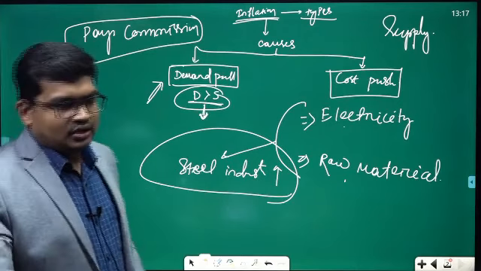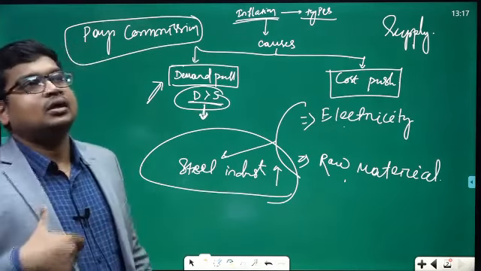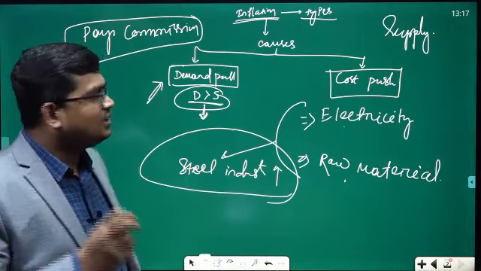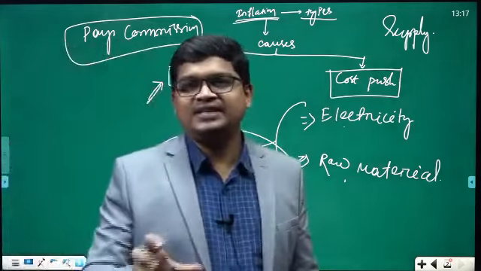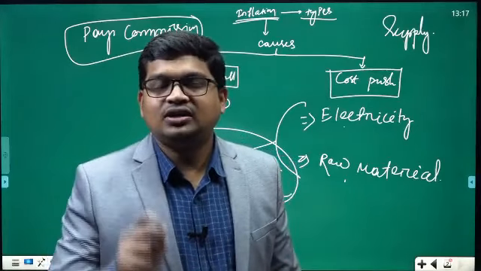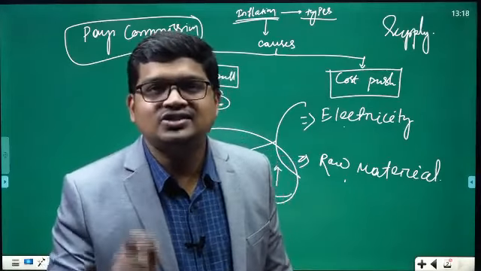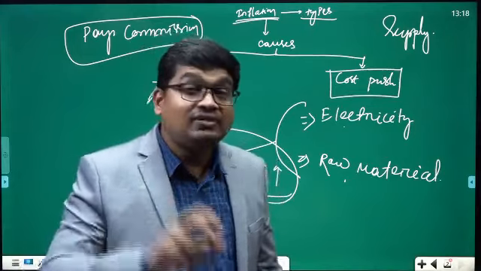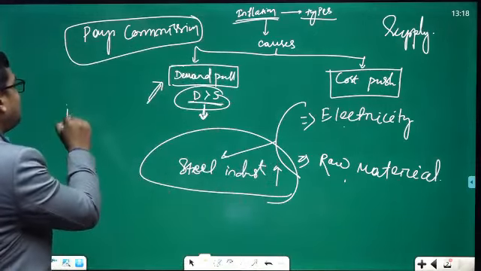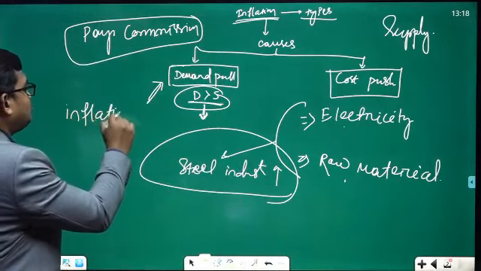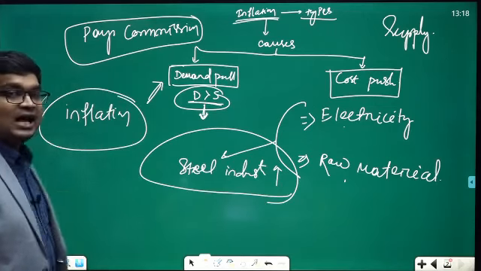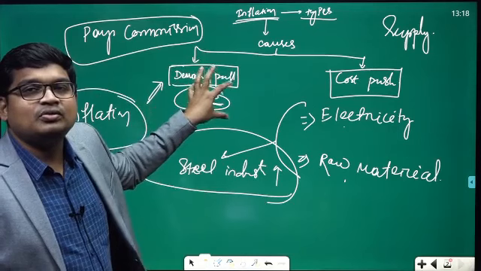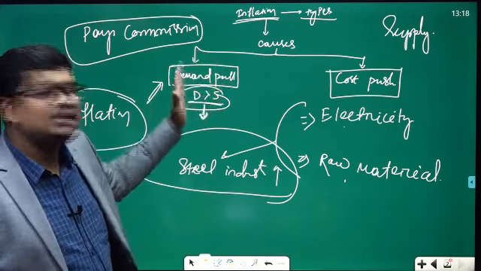Okay. So whenever RBI tries to control the money supply, or to control the inflation in the economy, because RBI has that role to control inflation, RBI targets this part of the economy, the demand pull side, or you can say demand side.